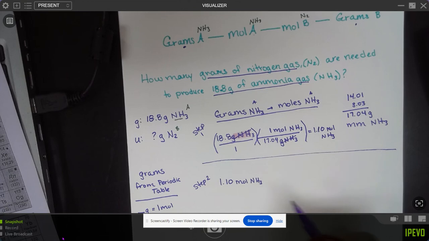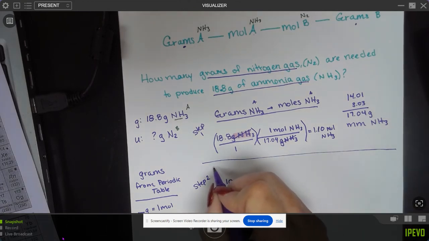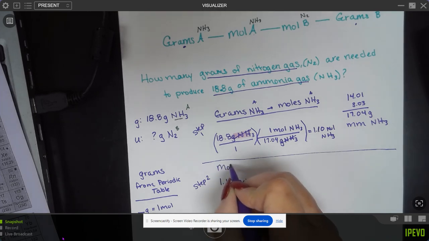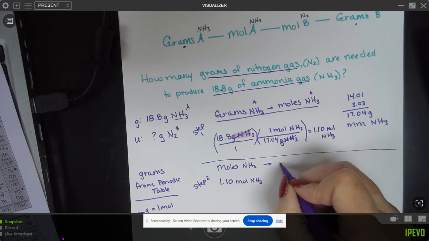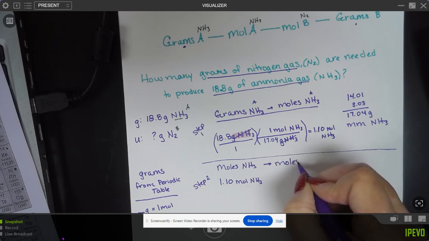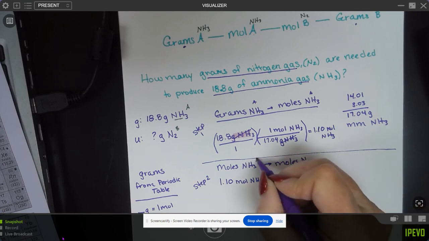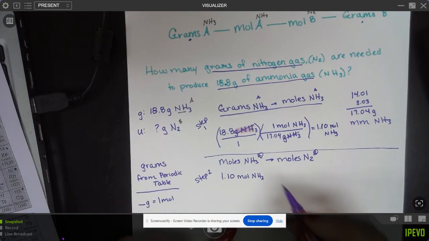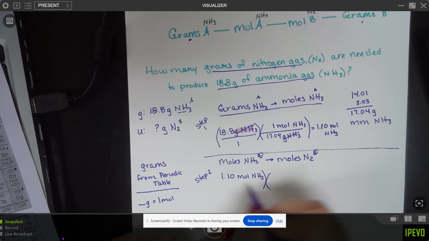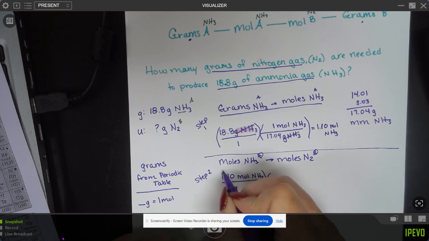I'm going from moles of NH3 to moles of N2, moles of A to moles of B, always over 1.